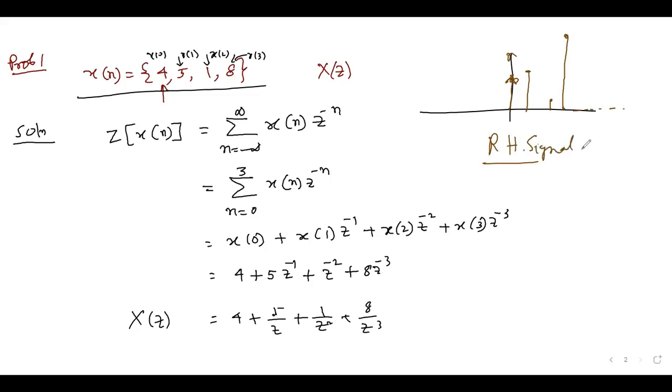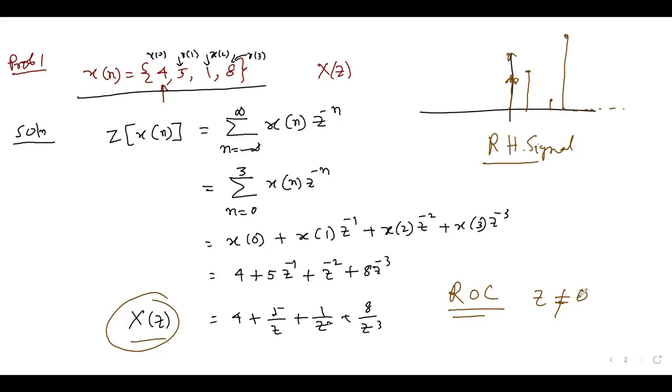Now what will be its ROC, the region of convergence? Look here, for all values of z, X(z) exists. X(z) doesn't exist if z equal to 0. If z equal to 0, this X(z) becomes infinite, isn't it? So that means the ROC is all values of z except z equal to 0.